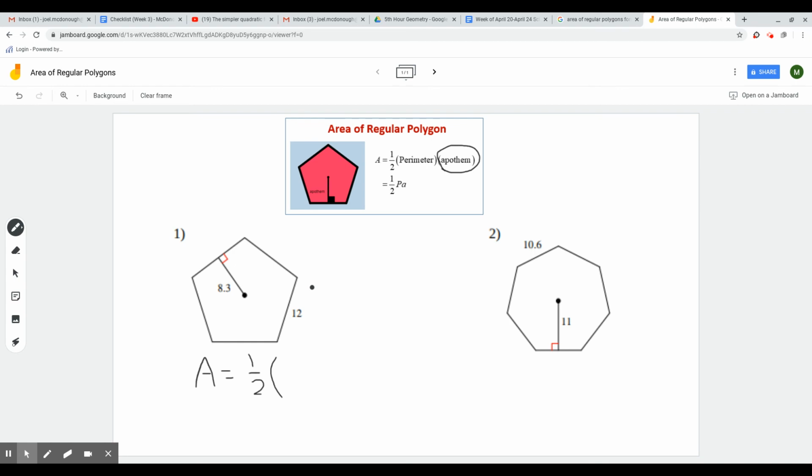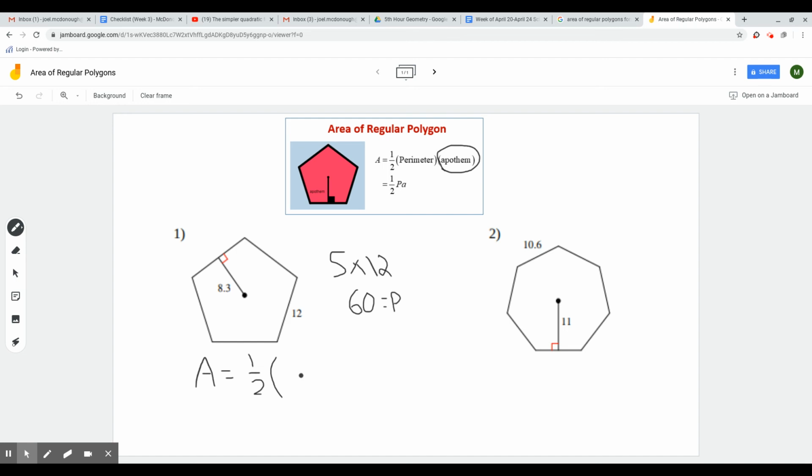The perimeter can be found by taking the number of sides times one of the sides. Because it's a regular polygon, all of the sides are the same. And since this is a pentagon, there are 5 sides. 5 sides times 12, because each side is 12, gives you 60. So 60 is my perimeter.